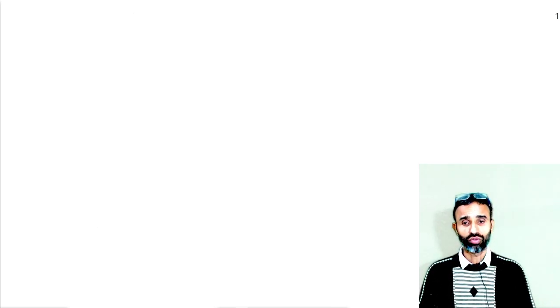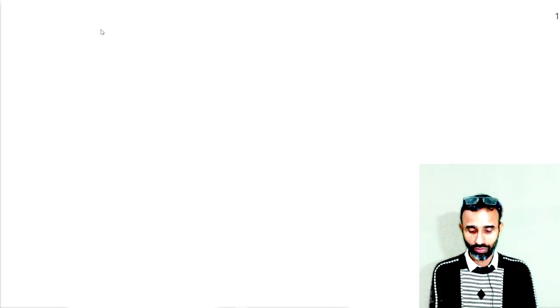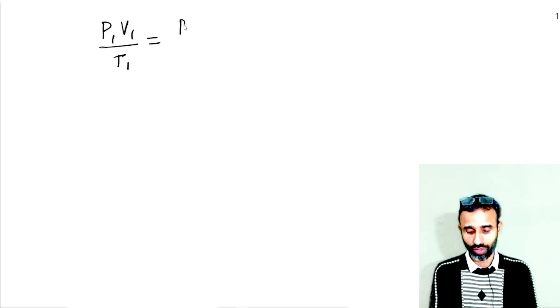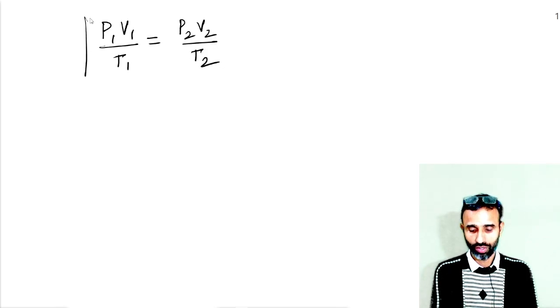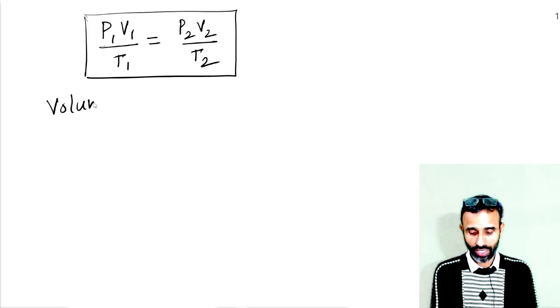So after getting the volume of the nitrogen gas at a particular temperature and pressure, we will apply the ideal gas equation P1V1/T1 = P2V2/T2. So we will calculate the volume of nitrogen gas at STP.